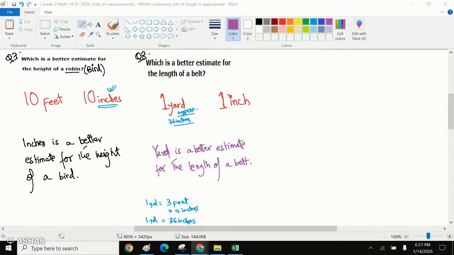So, let's see what is a better estimate for a fire truck.